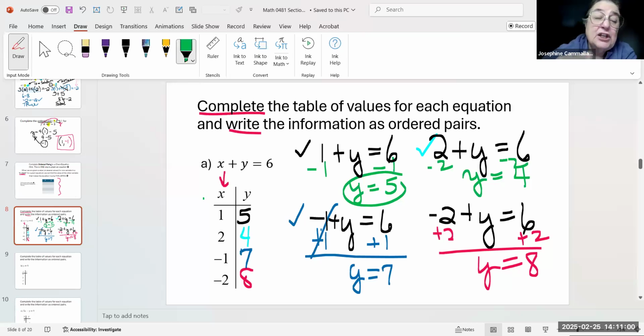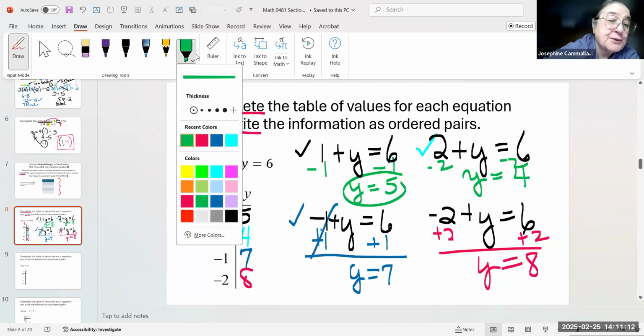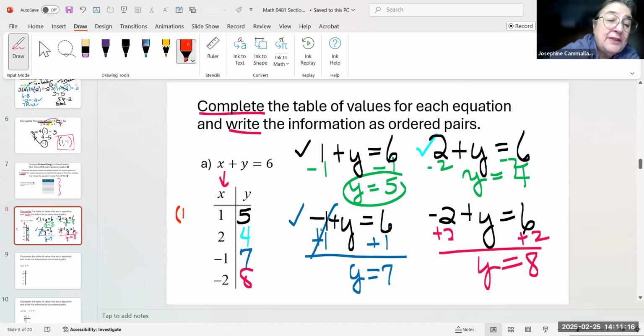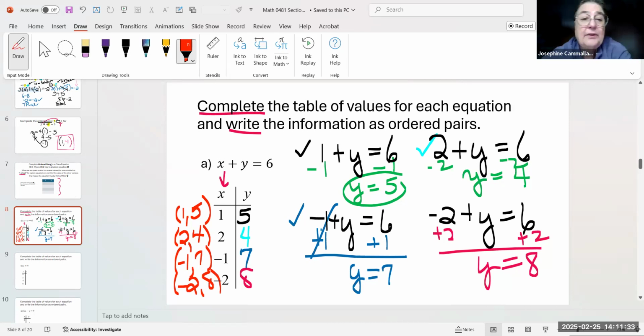Now, as I said, some of you are going to be able to do this in your head. That's okay if you can do it in your head. You just got to come up with the values. Now, ordered pair matters. That means that this is going to be parentheses 1, 5, parentheses 2, 4, and I got a comma here, -1, comma 7, -2, positive 8.